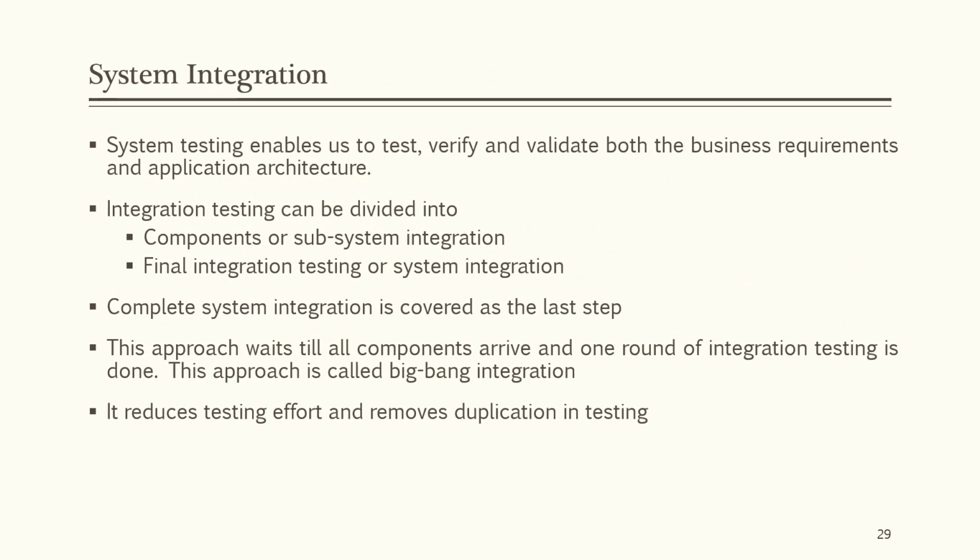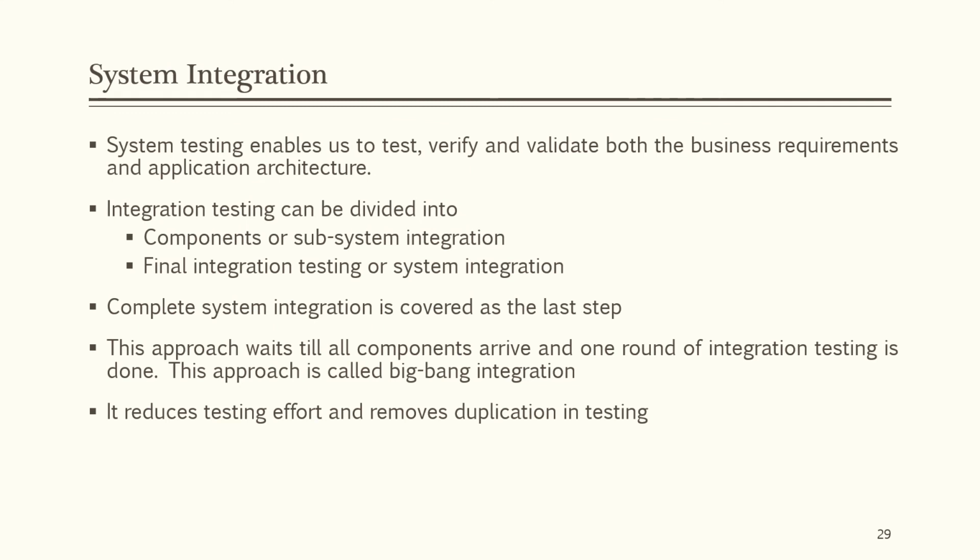System integration. System testing enables us to test, verify, and validate both the business requirements and application architecture. Integration testing can be divided into components or subsystem integration and the final integration testing or system integration.